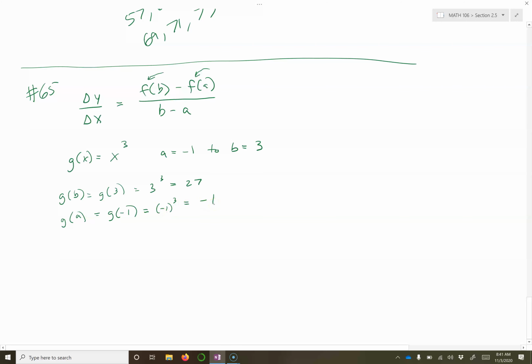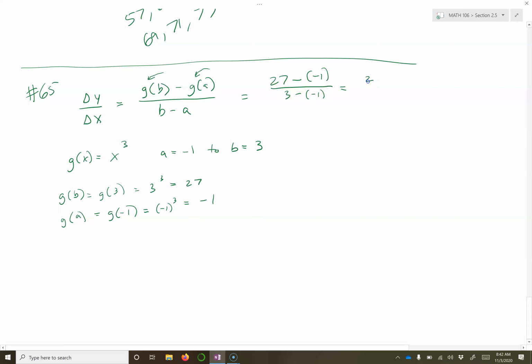All right? We know what a and b are. Now we just have to plug these values in here. So instead of these f's, just for the sake of this problem, I'm going to change them to g's. Now that we know all four values, we can put them into this equation to find the average rate of change. So g of b is 27, and we subtract g of a, which is -1, all over b minus a, so 3 minus -1.